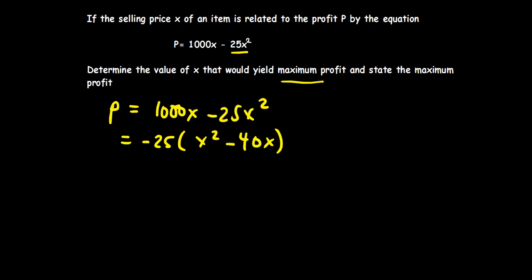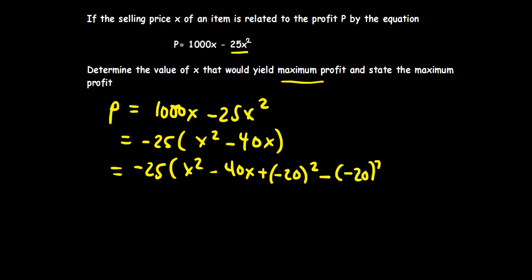Then we complete the square: 25 times x squared minus 40x, we take half of negative 40, which is negative 20, then we square that and subtract negative 20 squared.